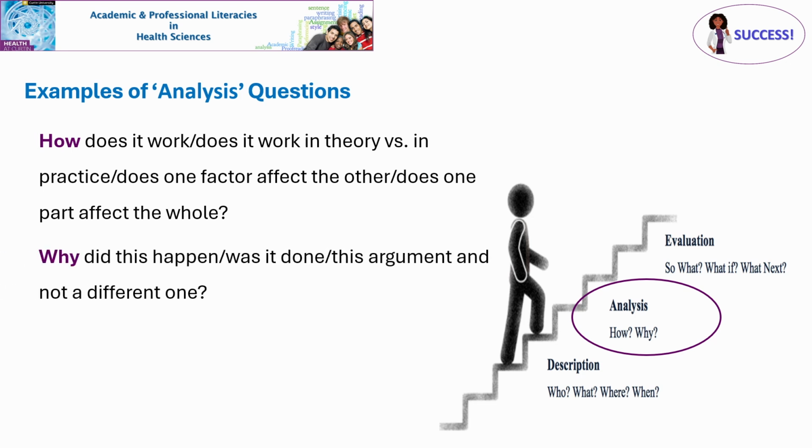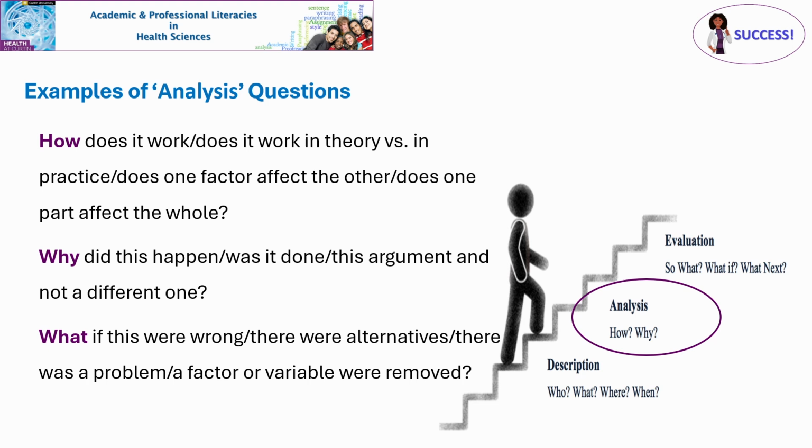The question why? Why did it happen? Why was it done? Why this particular argument or strategy or focus and not a different one? And what if this was actually wrong? Are there alternatives? What happens if there was actually a problem with this response? Is there a factor or variable that needs to be removed or should be removed or has been removed?